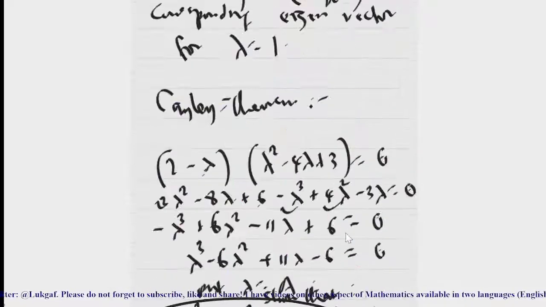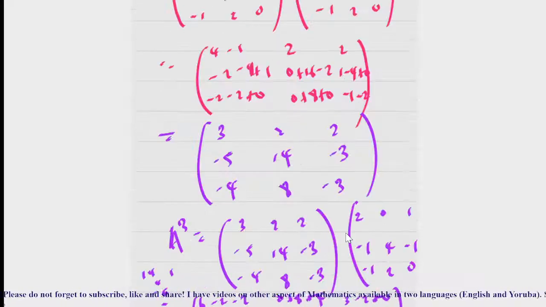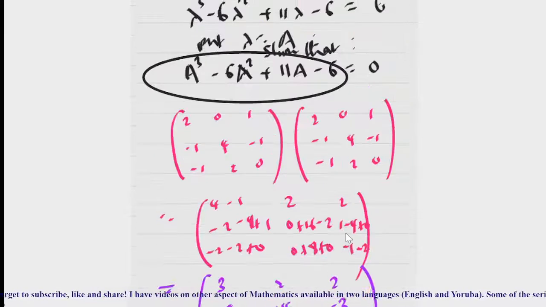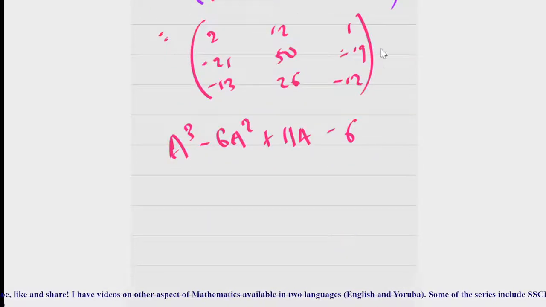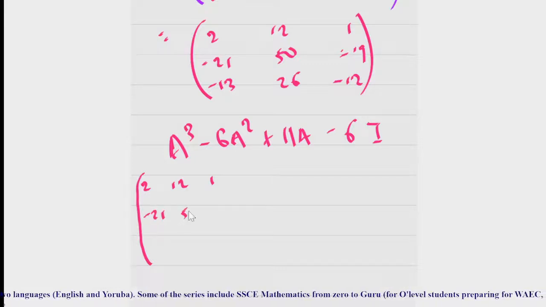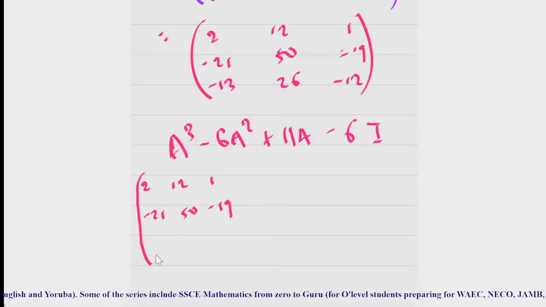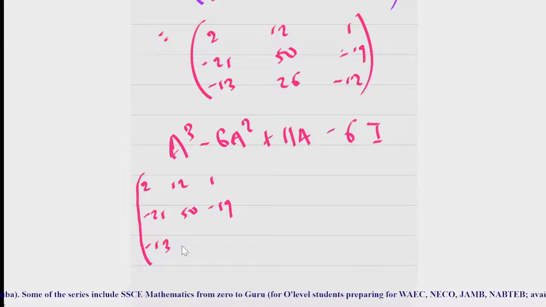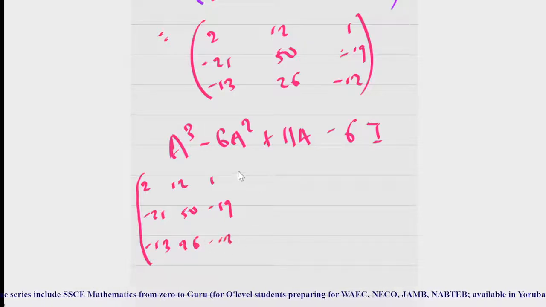So we want to show it is 0. Okay, now you have to include I here so that you don't make a mistake. What is my A cube? I think that is 2, 12, 1, minus 21, 50, minus 19, minus 13, 26, minus 12.